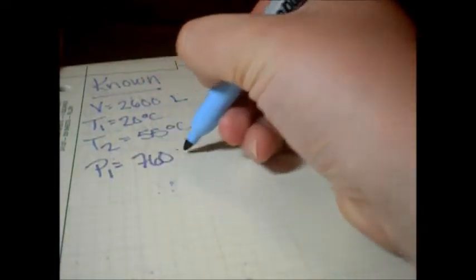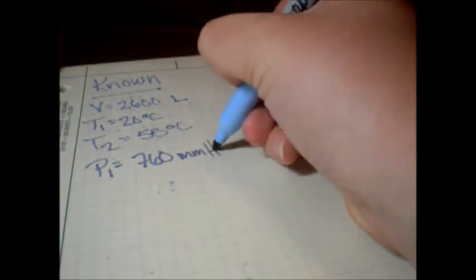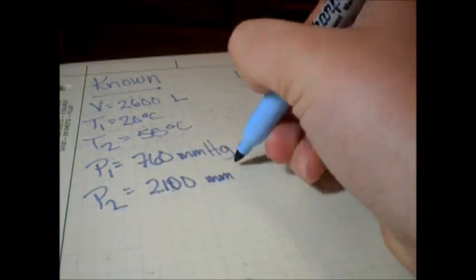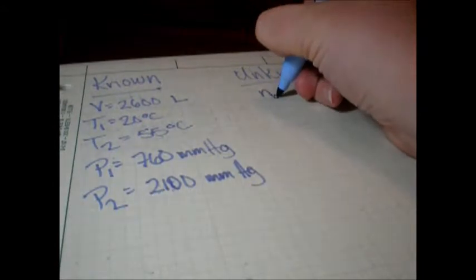We know an initial pressure of 760. And we know a final pressure of 2,100 millimeters of mercury. What we do not know is our moles of our gas.